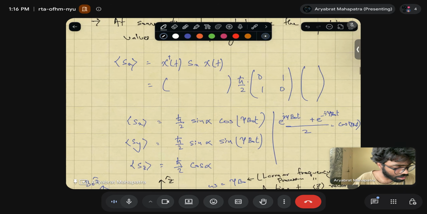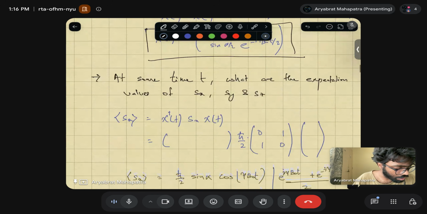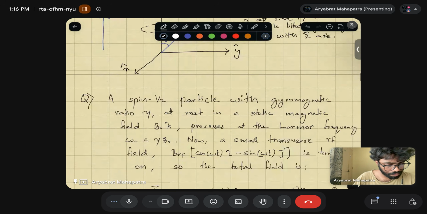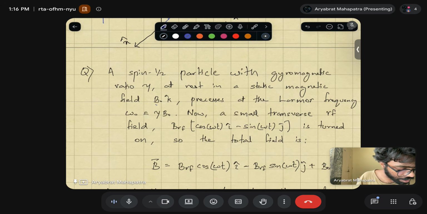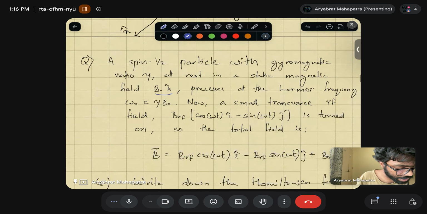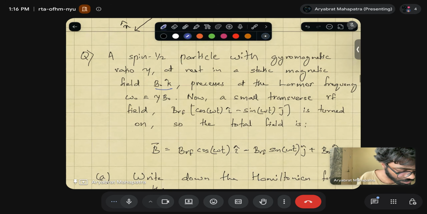So we can follow up with some quick related questions here. If you have a spin particle with gyromagnetic ratio gamma, and you introduce a constant magnetic field, it precesses with Larmor frequency omega naught equals gamma B naught.